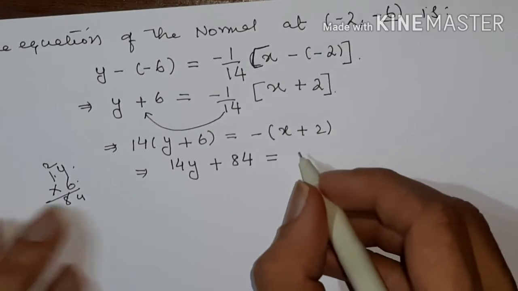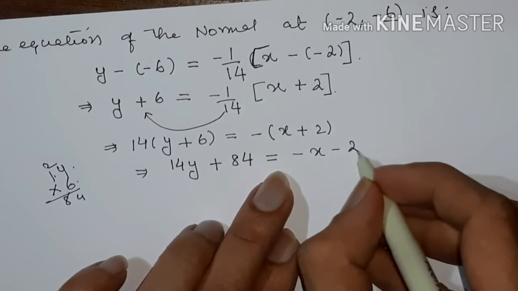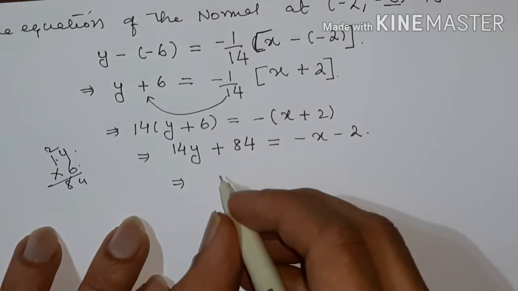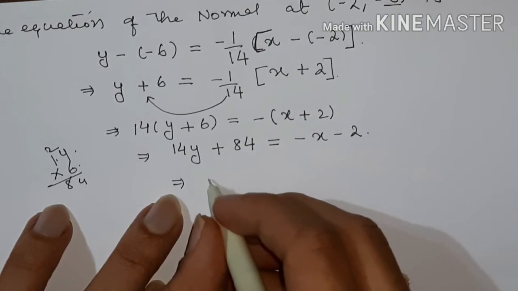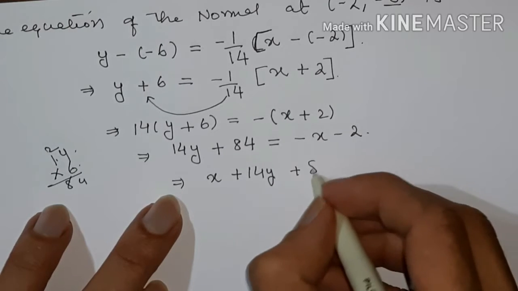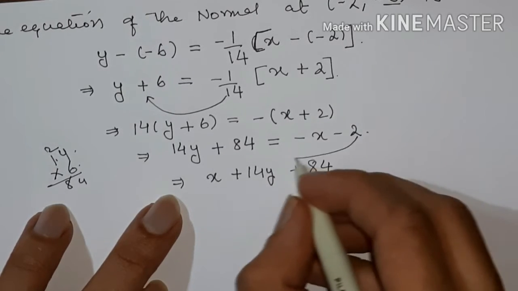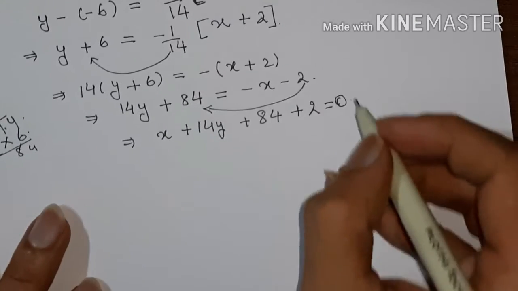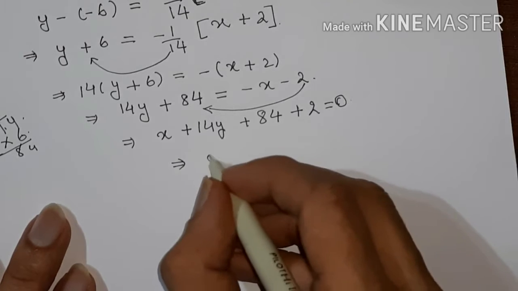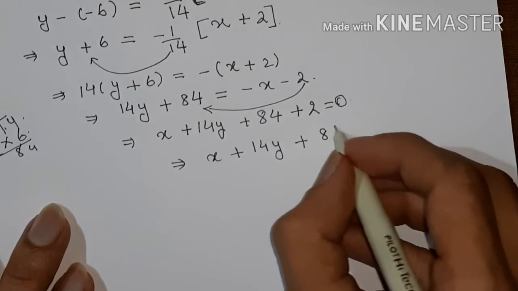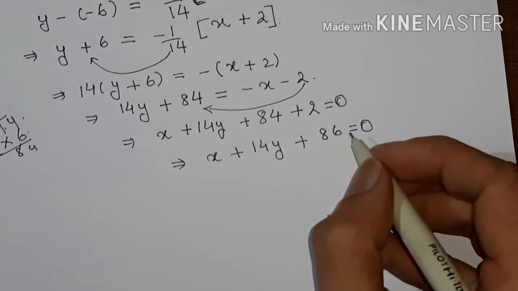So equal to minus x minus 2. If I take everything on one side, I'll get x plus 14y plus 84 plus 2 equal to 0, right? So that means x plus 14y plus 86 is equal to 0.